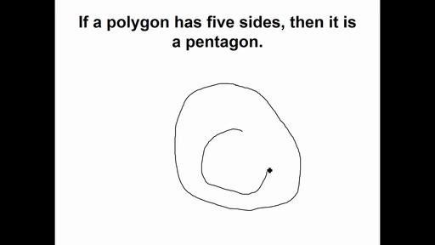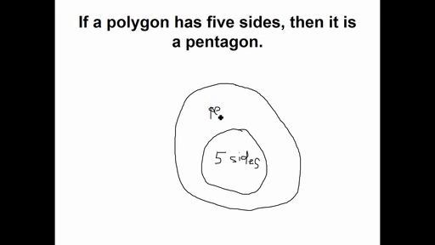So there's a smaller circle. You don't always have to write everything out when you do these, just so you get the important part. So the hypothesis, 5 sides, and then the conclusion, then it is a pentagon.